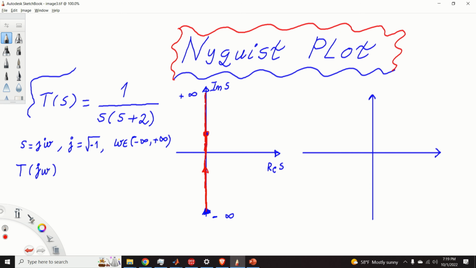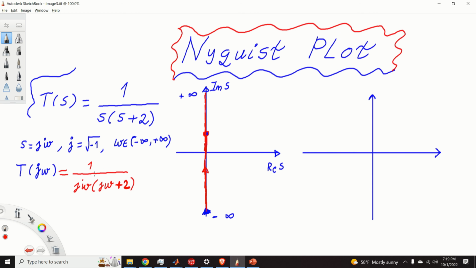For any value of omega, T of j omega is actually a complex number. To see that, you can simply substitute j omega here and you obtain something like this: 1 over j omega multiplying j omega plus 2. Some of you might not see this immediately, but this expression itself is a complex number.